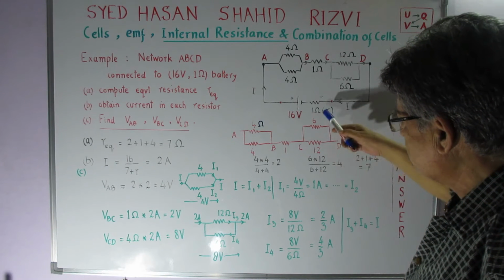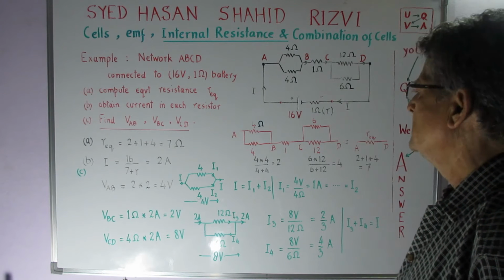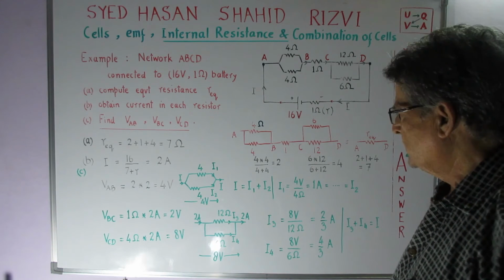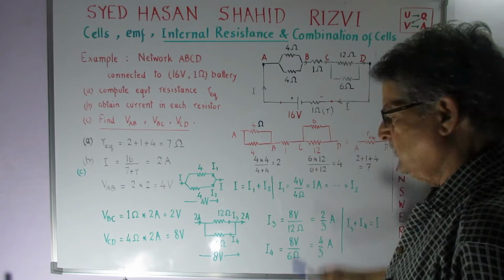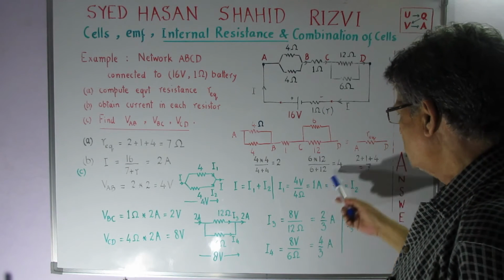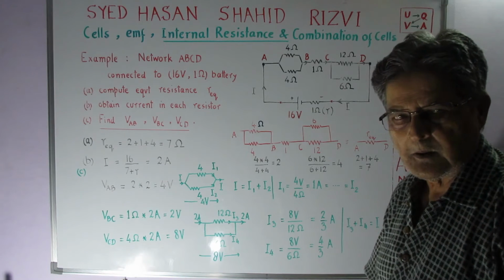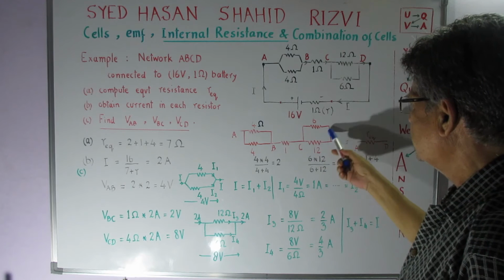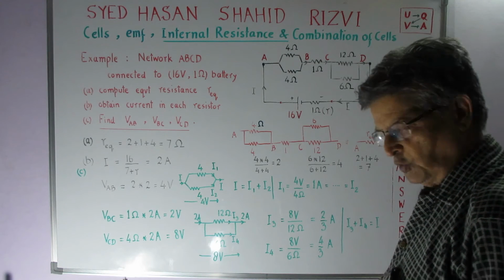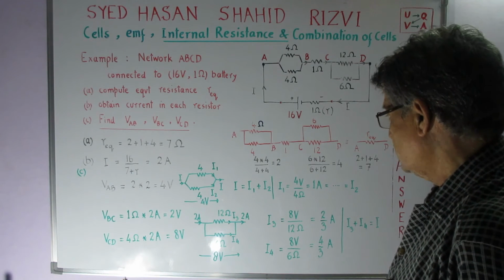In fact, this is something which we should remember. For example, if I have 24 and 12, this will turn out to be 8. If it is 3 and 6, then it will turn out to be 2, less than even the least.